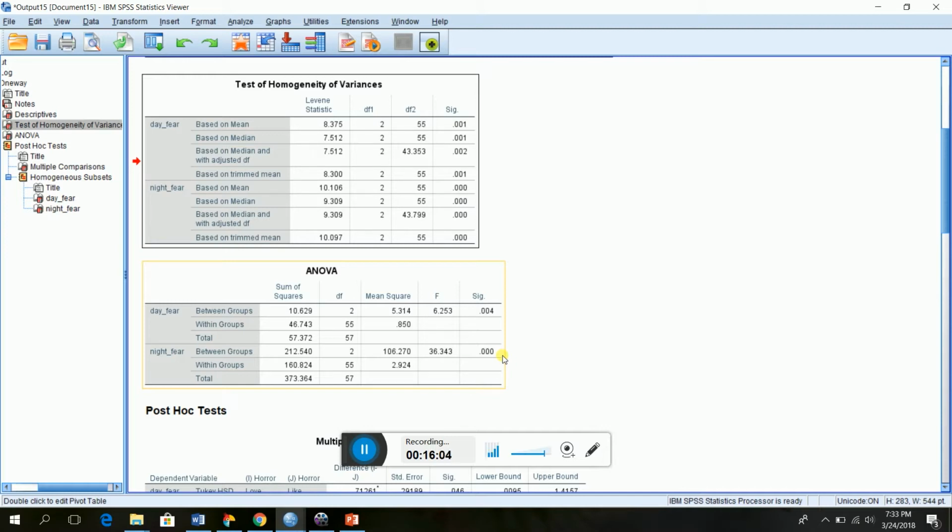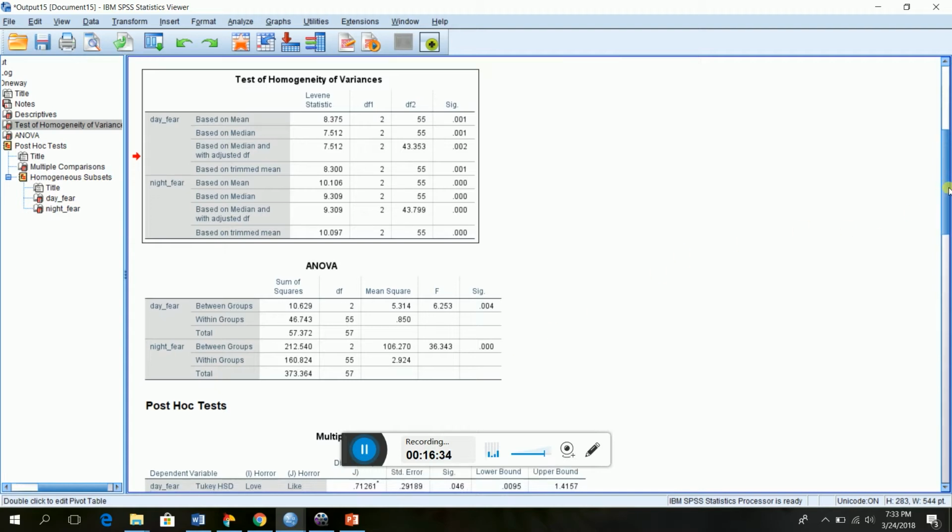So let's say that we will only reject H0 if the sig value is less than 0.01. Well, in both cases, the sig value is less than 0.01. So even though we have a violation, we can proceed and say that we have a significant ANOVA. So these two tests of simple main effects are significant. We still need, though, to find out which mean is different from which. Those are going to be revealed to us in the post hoc tests.